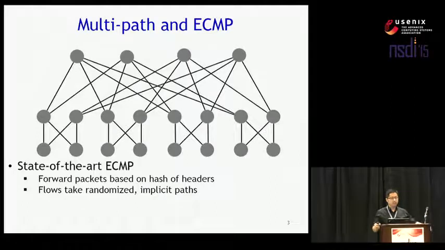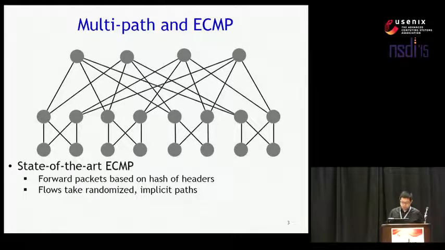Basically, what ECMP does is that each switch locally decides the best path among a few best paths through a hash function of the packet header. As a result, flows will take a randomized, inexplicit path across the network.